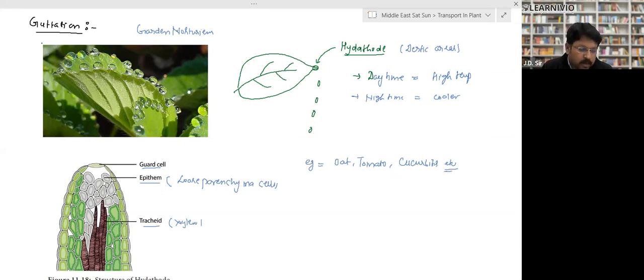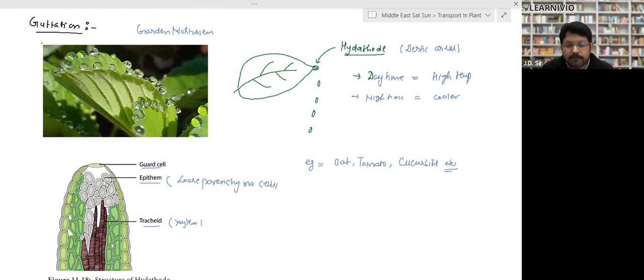Next point, guttation usually occurs during the period of active growth, when conditions favor more water absorption and less transpiration.